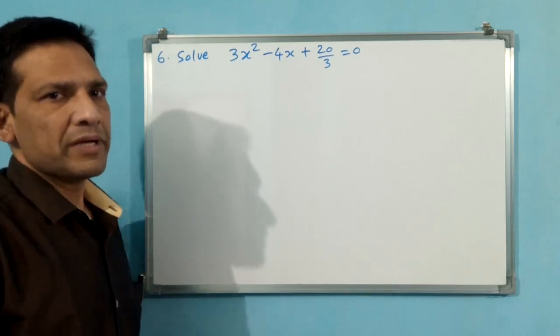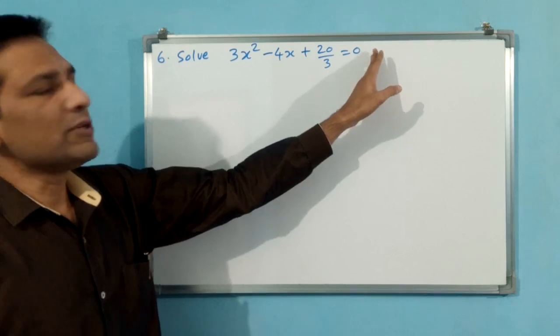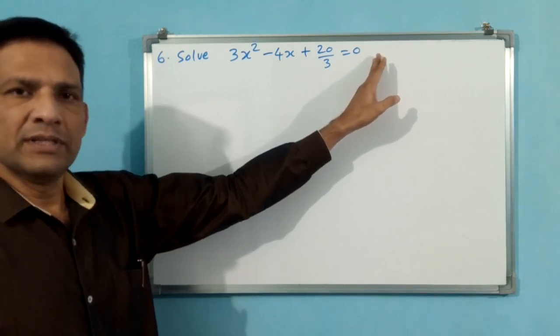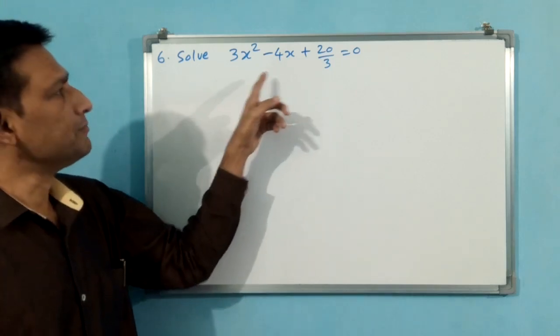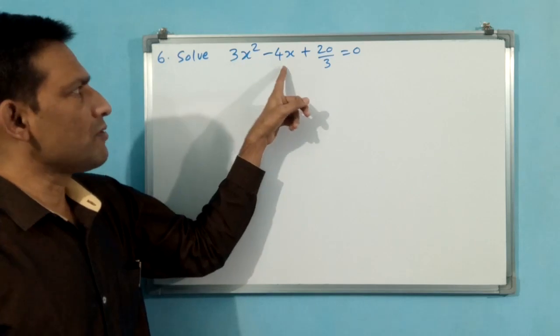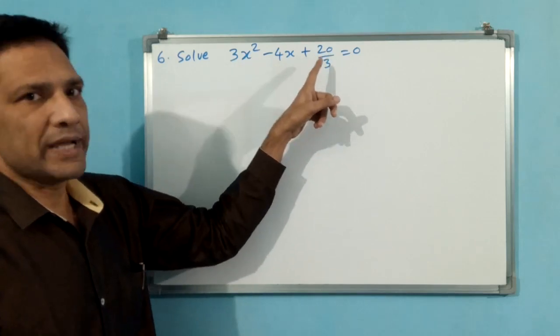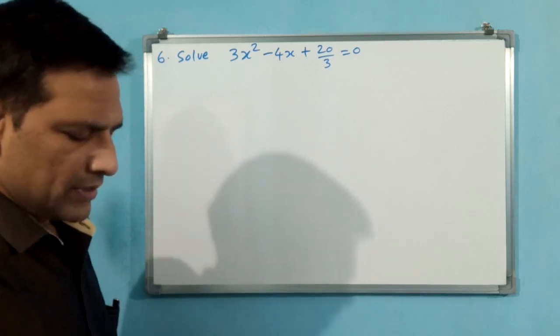How can we simplify? You multiply 3 on both sides. On the RHS, 3 into 0 is 0 only, that is not going to make any difference. But on the LHS, if you multiply with 3, 9x square minus 12x plus 20, because the 3 is going to cancel. Then we can do it easily. Like that we have to think.